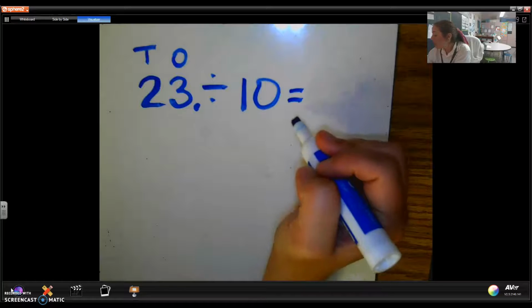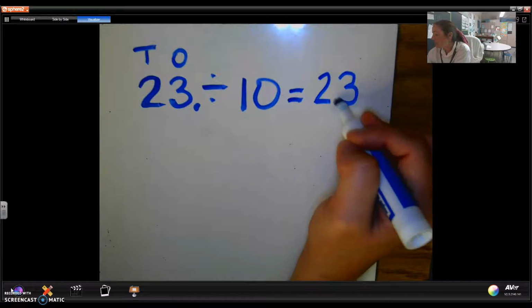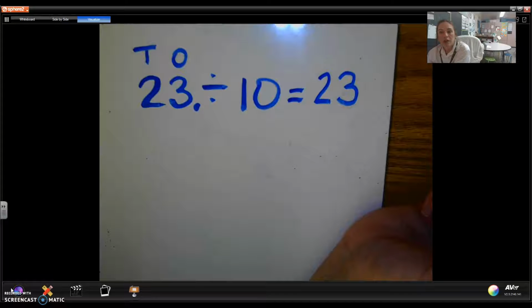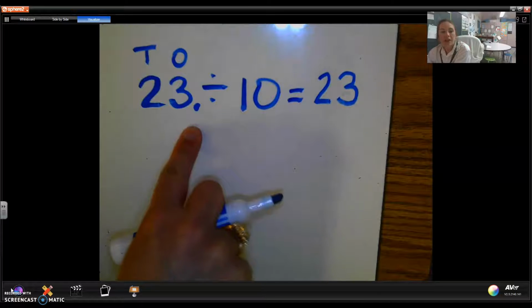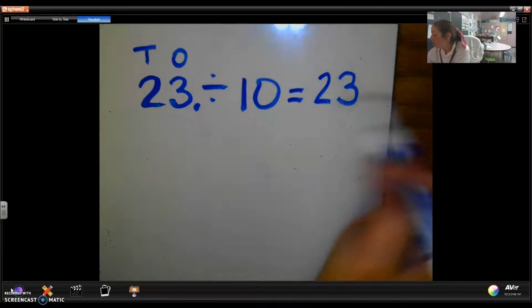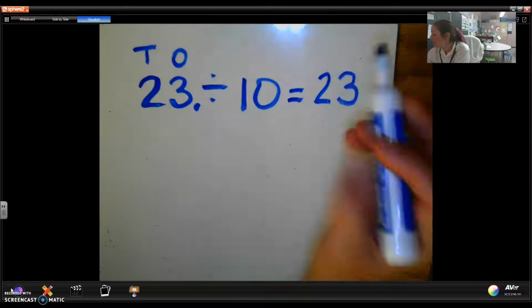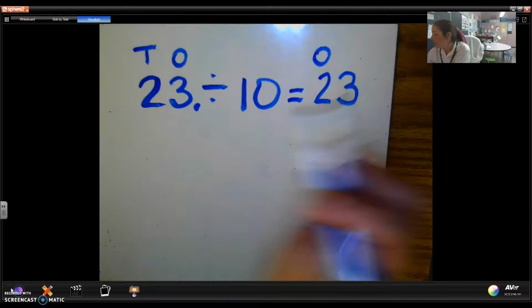Well, if we divide by 10, nothing changes to my digits. They stay in the same order. They just move place values. And one indicator of a number's place value is the decimal. So after we divide by 10, my 2, which was in the tens place value, should be in the ones.